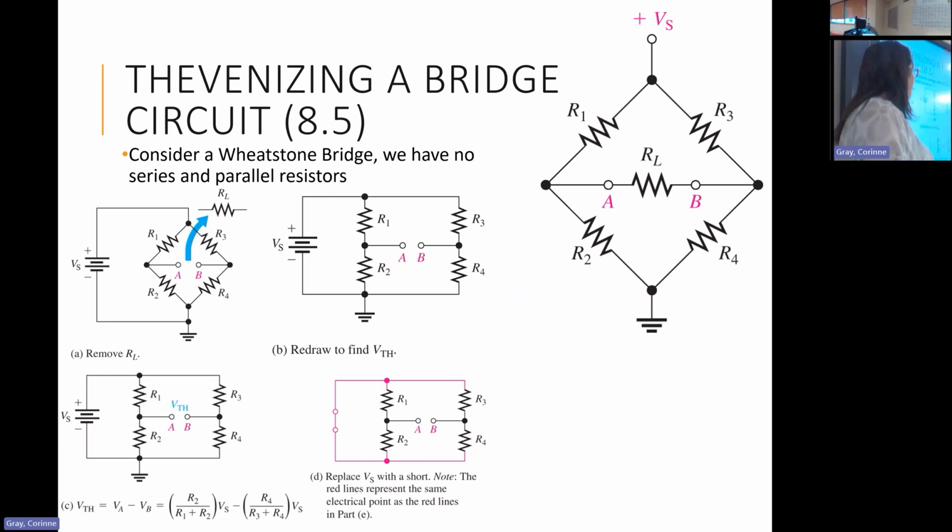So the tool for this particular method is getting rid of our sources, and by getting rid of our sources, that changes the behaviors between series and parallel. I'll talk about these in a second.